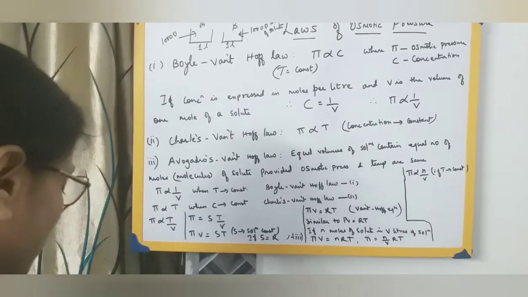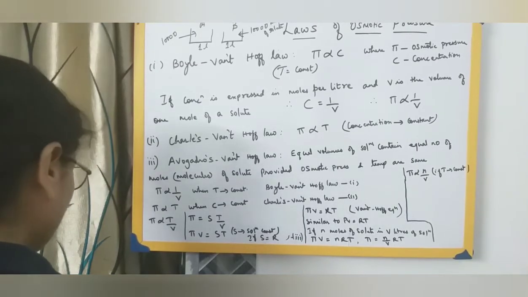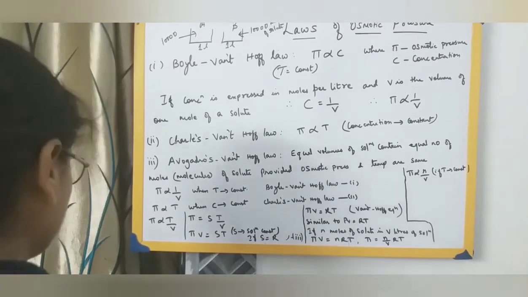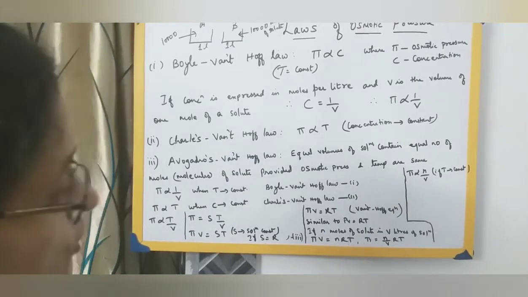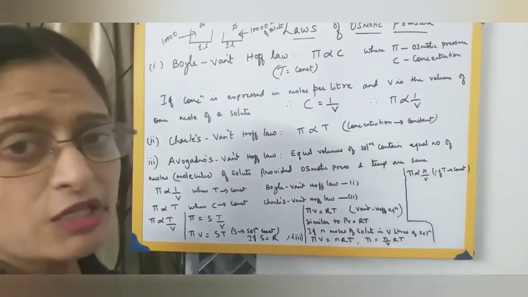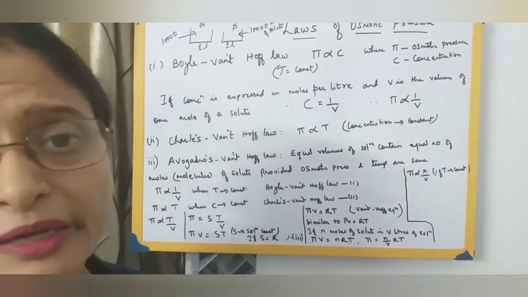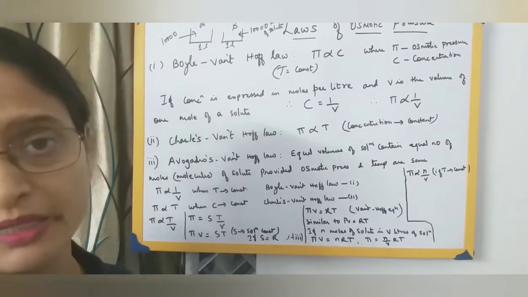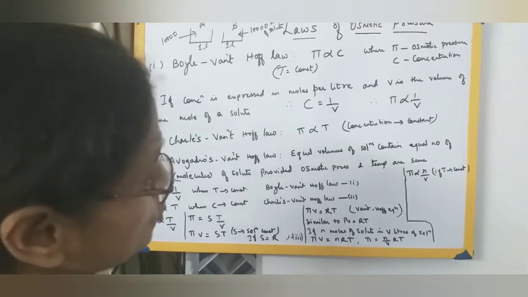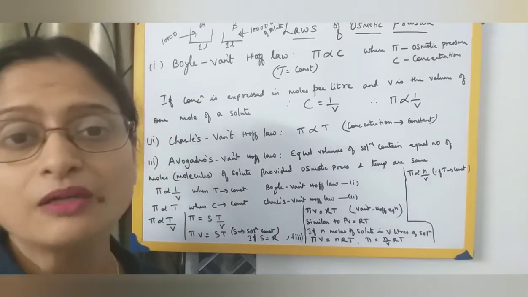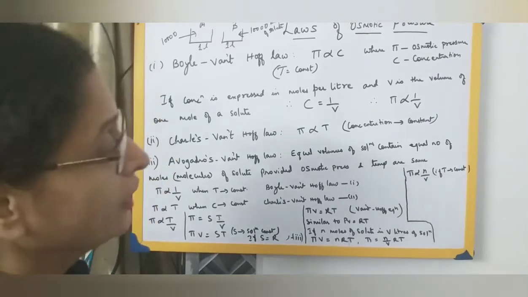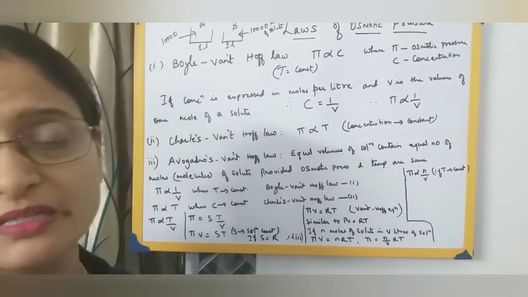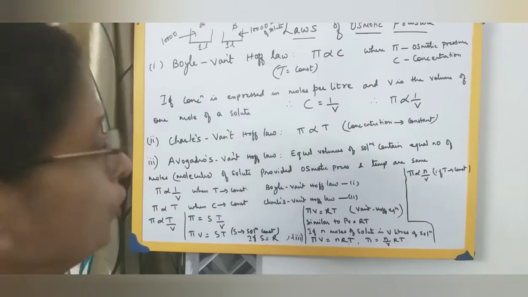It also shows that osmotic pressure depends on the number of moles of the solute, but not on the nature of the solute particles. So osmotic pressure is a colligative property, dependent on the number of solute particles but independent of their nature.